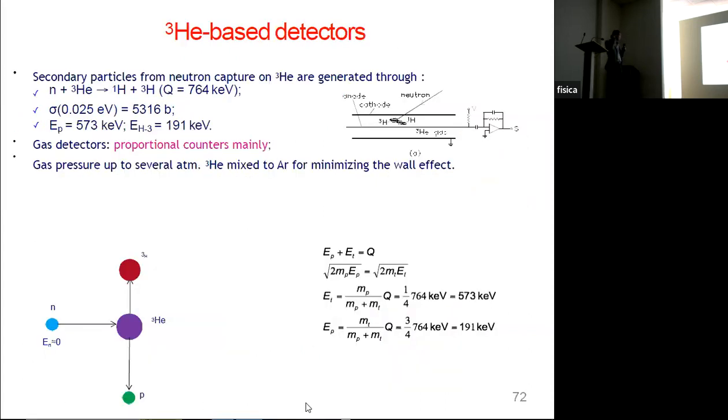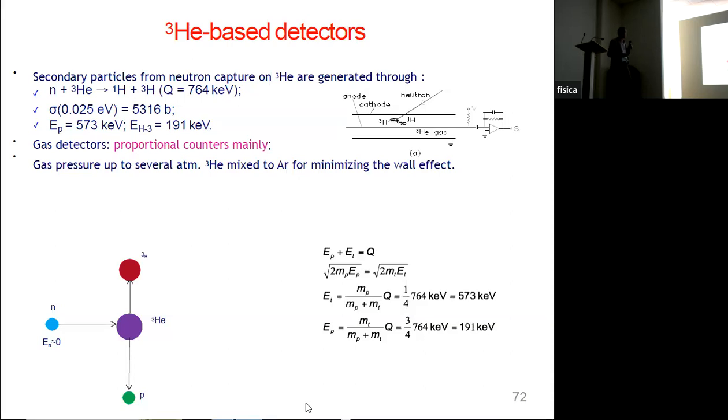So let's talk about helium-3. All these reactions in reality are used to detect neutrons. One of the first and simplest detectors used for detecting neutrons are helium proportional counters. Here is the picture.